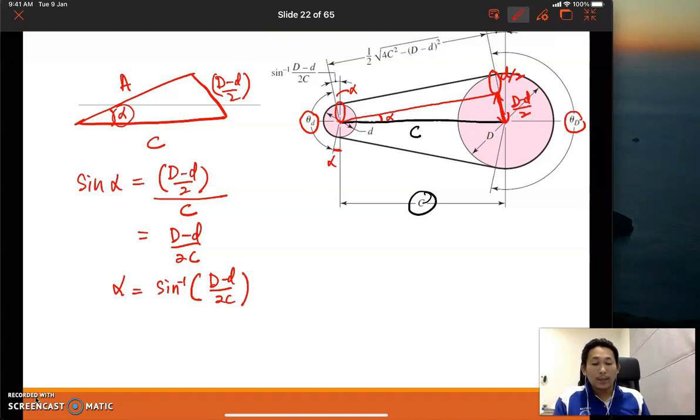That is for alpha, which we can use in radians.